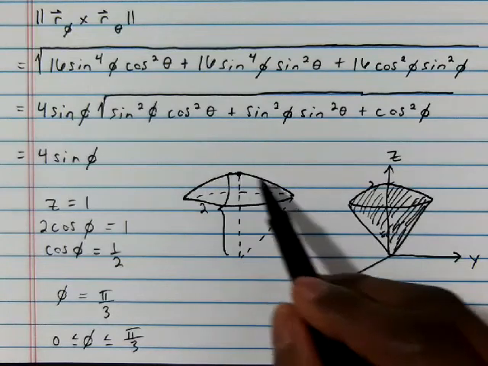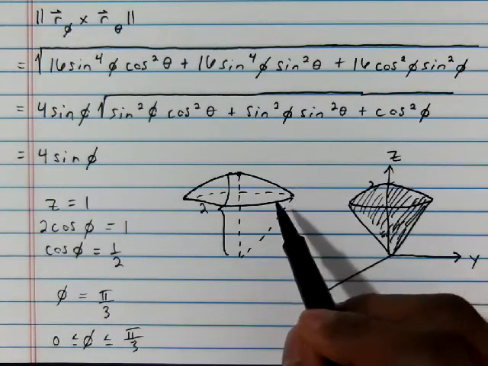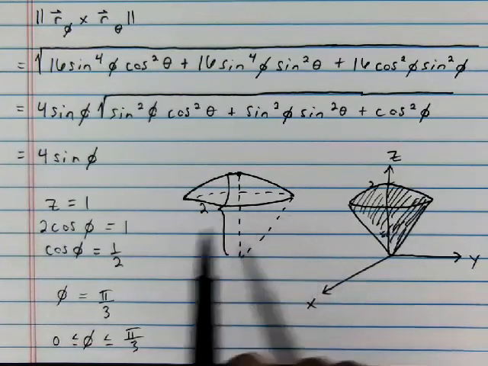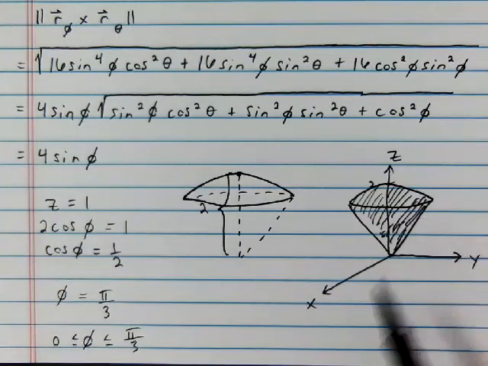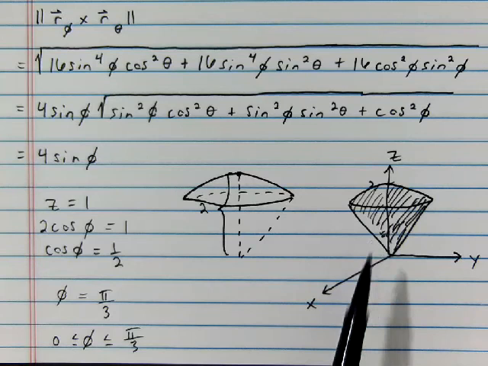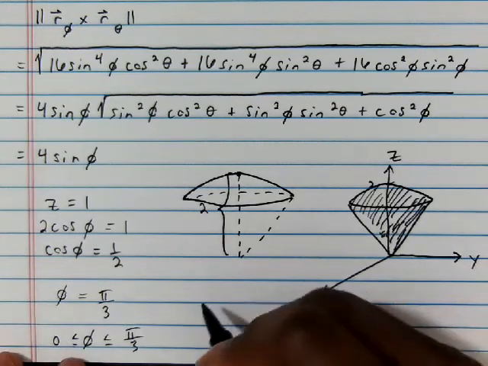Here our rho is stuck at 2, so we just get the part of the sphere, and the bound below it is just the plane, but it's not really part of our image. So that's the difference between what we're doing now with surface area, just the surface, versus when we were doing something like volume. All right, I was going off on my tangent. Okay, so now we see our theta also varies from 0 to 2 pi.